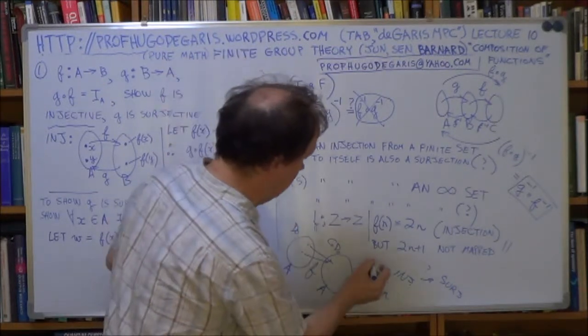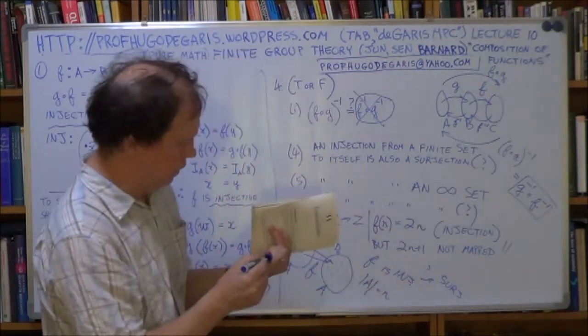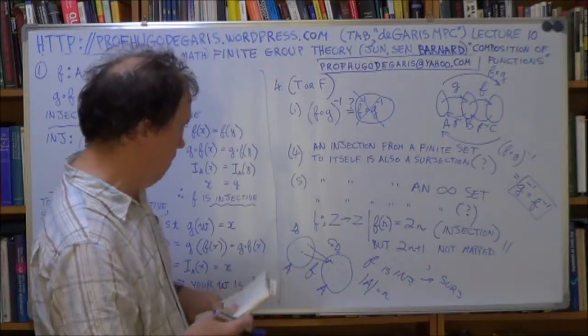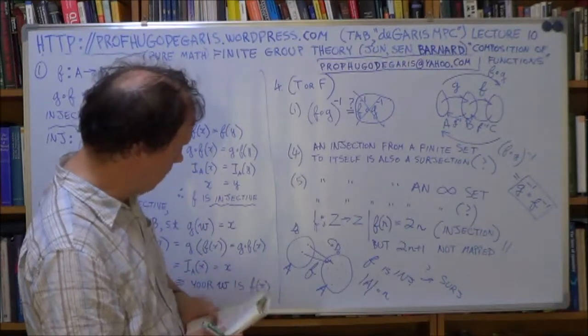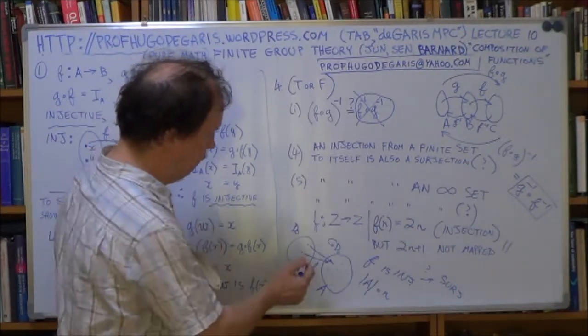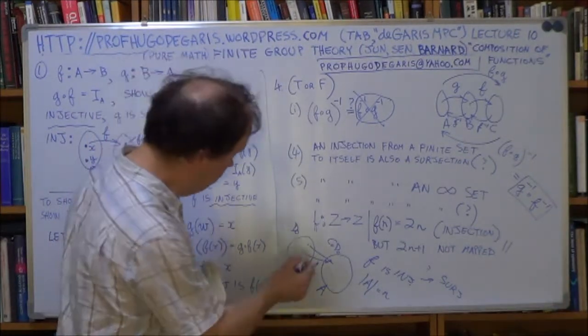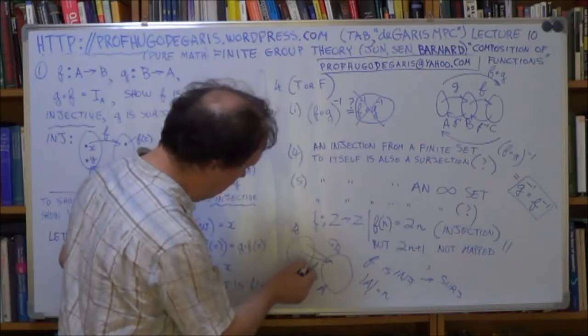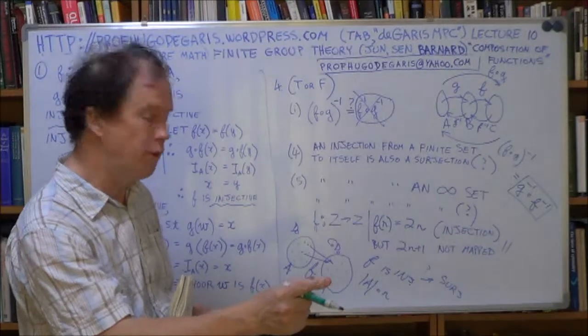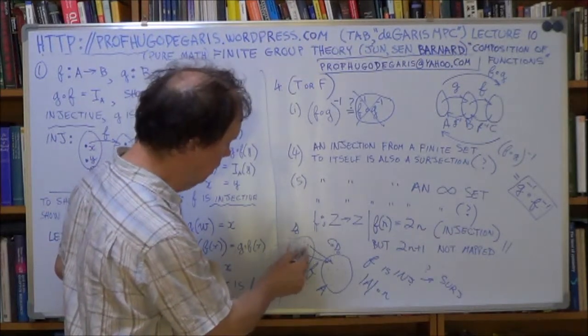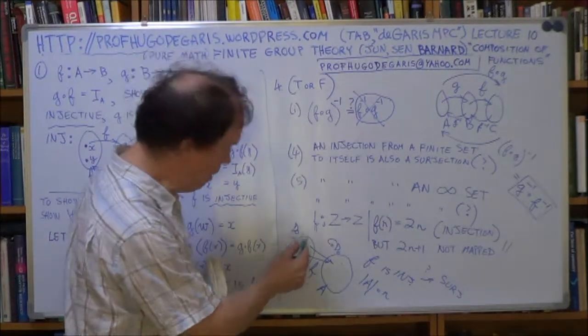Now it's a function, therefore every element in your domain must be mapped.